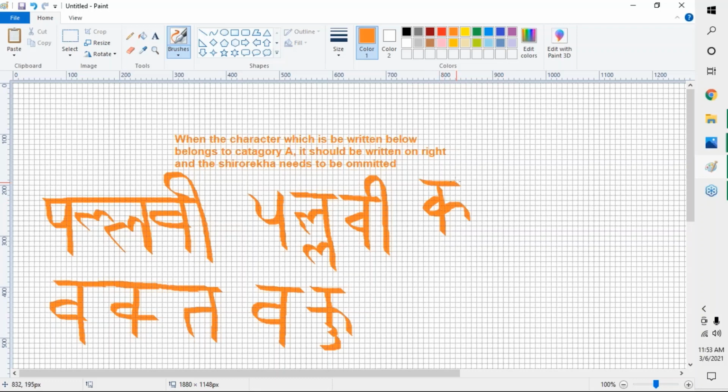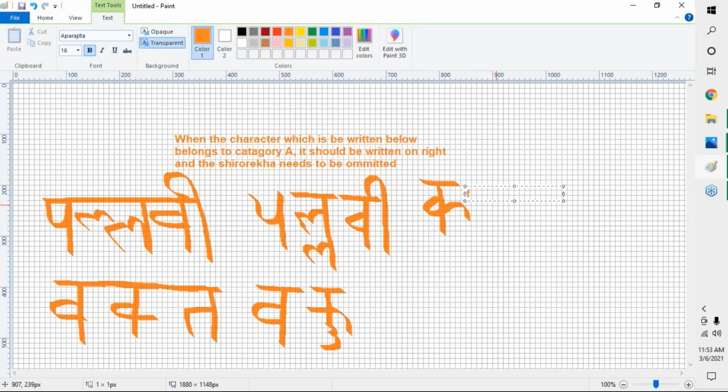K has a rule that if anything is written below it, it should be kept half.